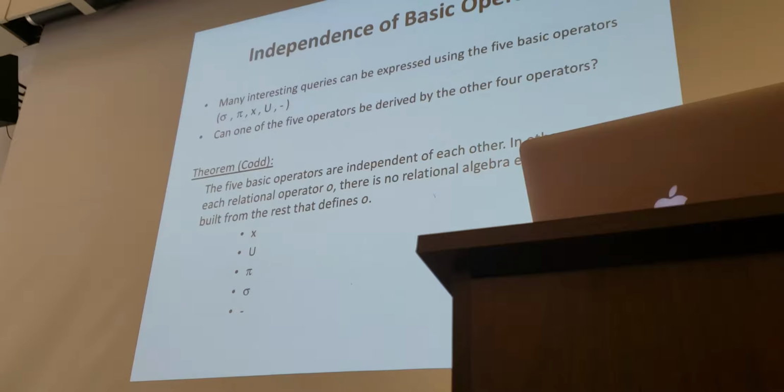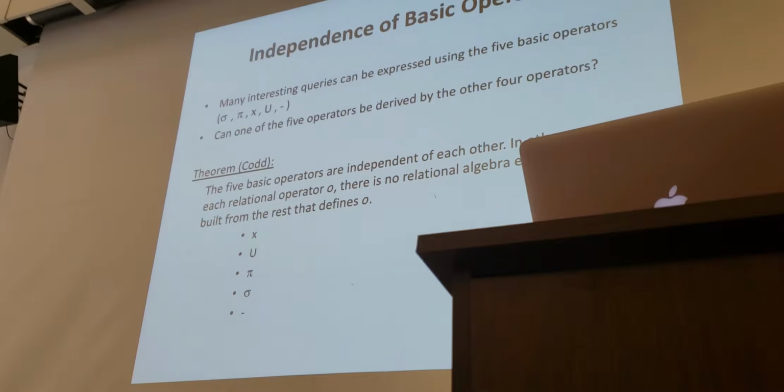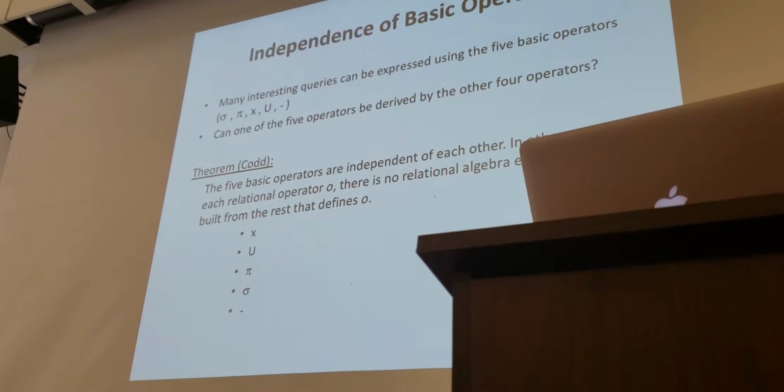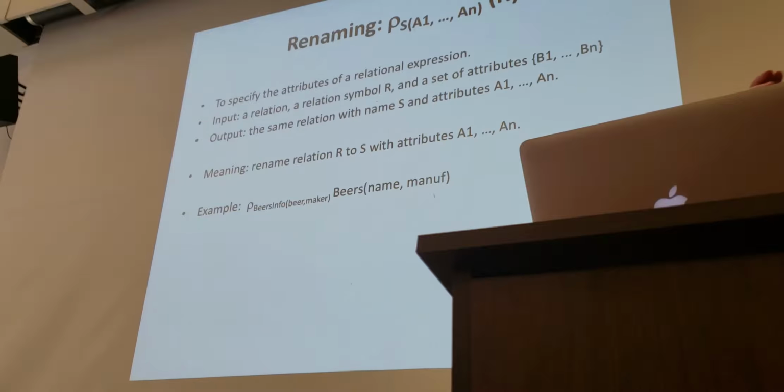Difference is a binary operation. You can't get one from the other. This is a thoroughgoing hand wave, but this is the general idea of what's behind the proof that the five are independent.